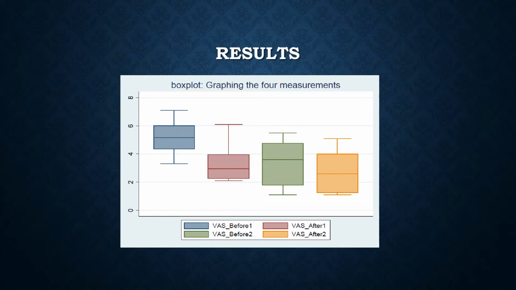As you can see on this figure, it shows the statistical tendencies between the measurements. There's VAS1 before and after the first intervention, and VAS2 before and after the second intervention.